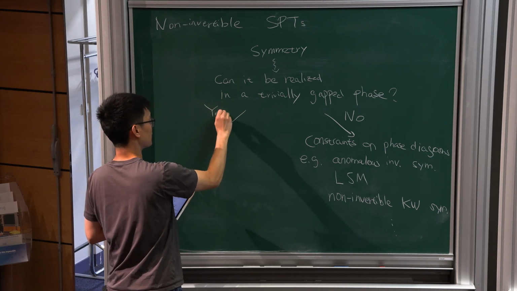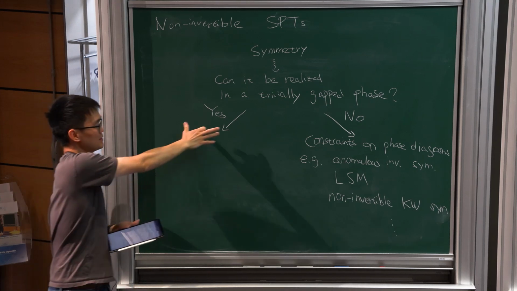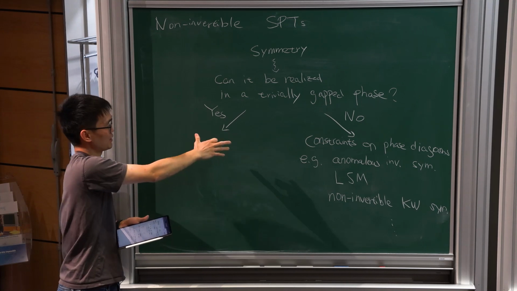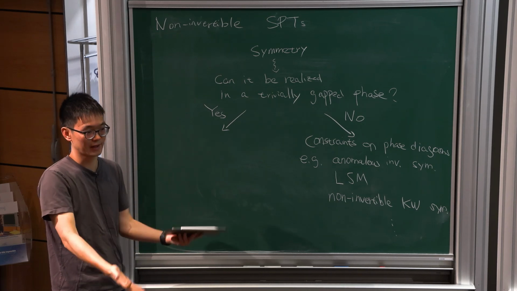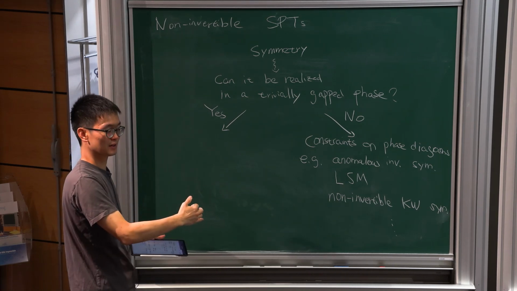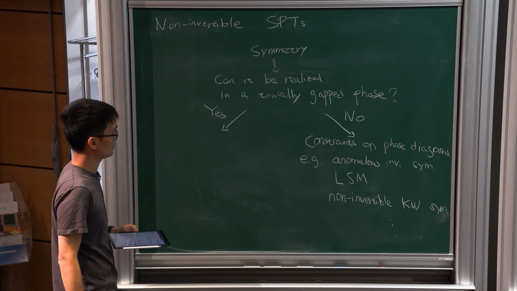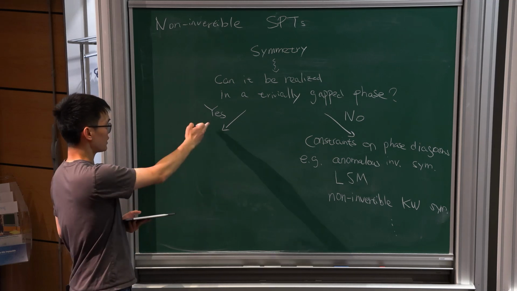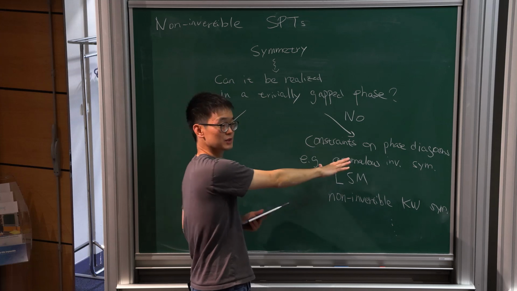Alternatively, it could be that a symmetry is compatible with the trivially gapped phase. This is a much easier case to show. You just have to come up with an example of a trivially gapped Hamiltonian that commutes with the symmetry. And when that is the case, the question you should ask is no longer the constraints on the phase diagram.